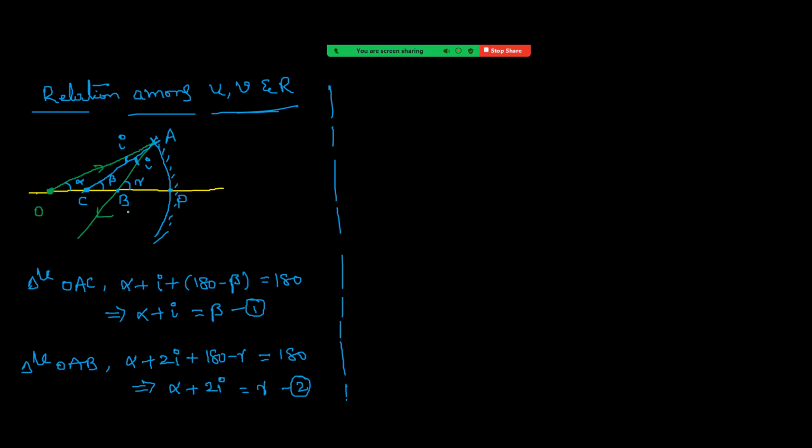So we want to eliminate psi. In place of psi, I am writing beta minus alpha from equation 1. Putting 1 in 2: alpha plus 2 into, in place of psi, beta minus alpha, is equal to gamma.